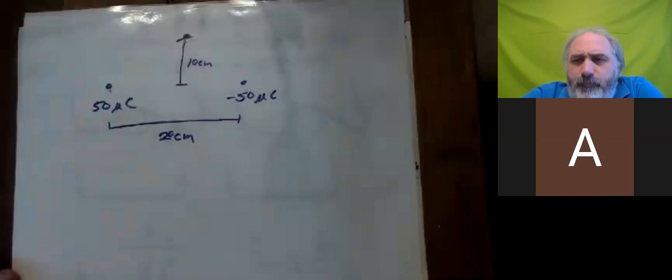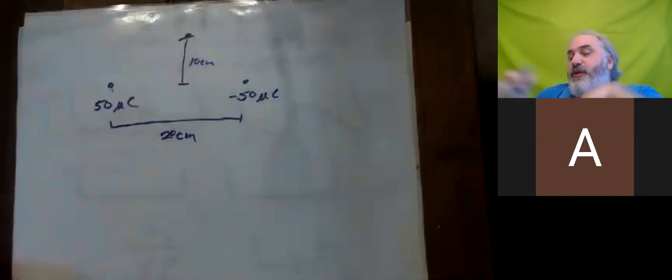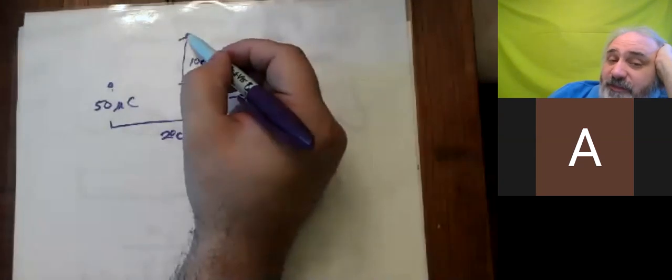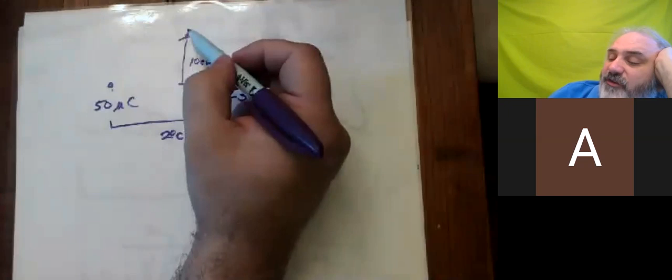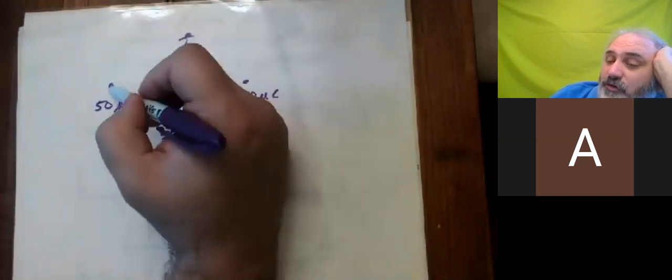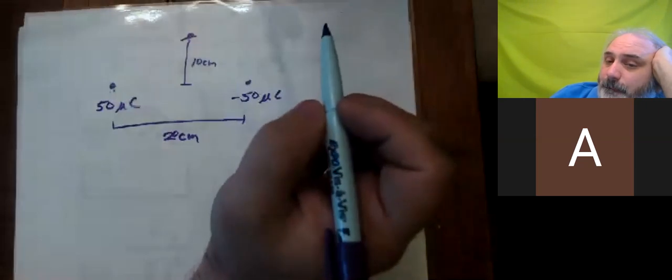For finding the direction of the electric field, the rule is you imagine putting a positive charge at this location, and you ask yourself, what direction would this imaginary positive charge be pushed by this charge over here? Down.